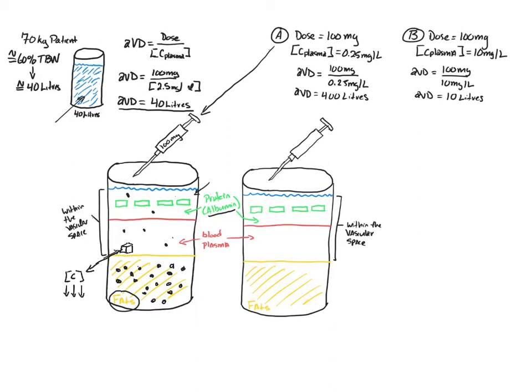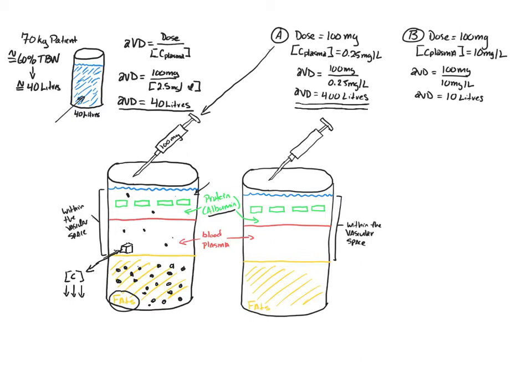It'll appear to be very low because the drug is not actually in the plasma, right? It's not actually there. Rather, it is sequestered in the fatty compartment. So the concentration in the plasma is not necessarily indicative of the entire body, right? And so when we calculate this, we get a volume of distribution that is very large, right?